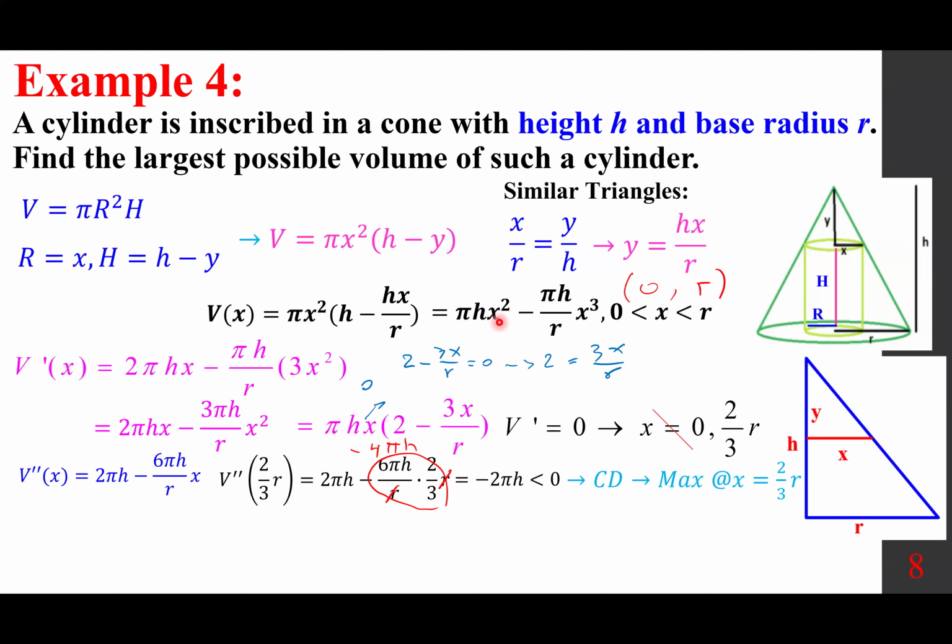If you use pi h x squared minus pi h over r x cubed, we are going to replace the x with 2/3 r. Remember, that was the volume. You can use this one, this one, this one. It doesn't matter which one you use.